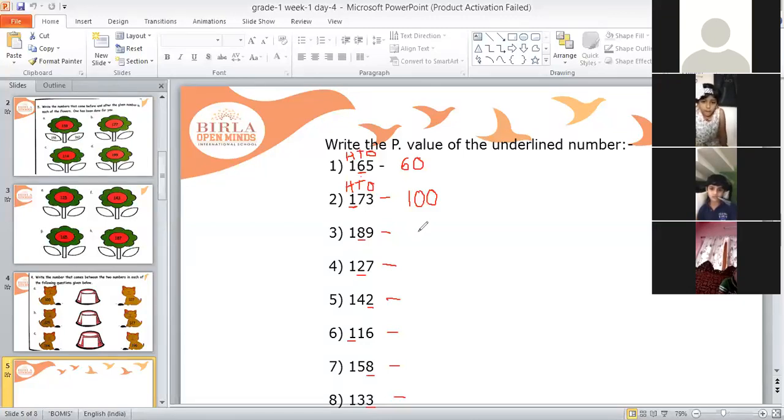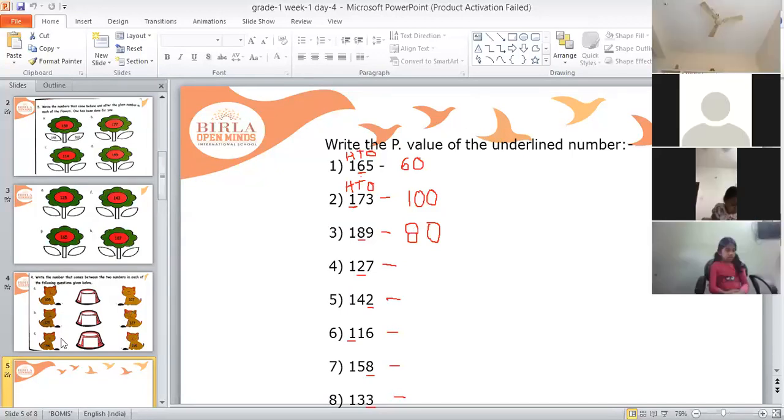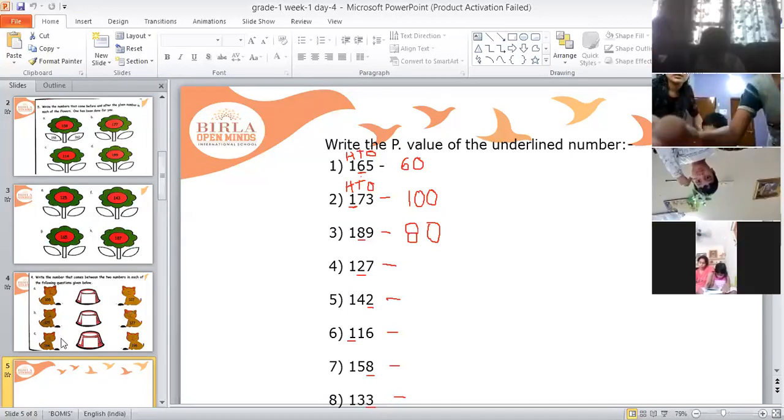Ashita, tell me, less than 1 minute is left. Okay, fine. We will write this 8 here. And after this 8, how many zeros we will put? 1 0. Yes, correct answer. We will put here 1 0 because this 8 is in 10's place here. We will put here only 1 0. Fine, that's the correct answer.